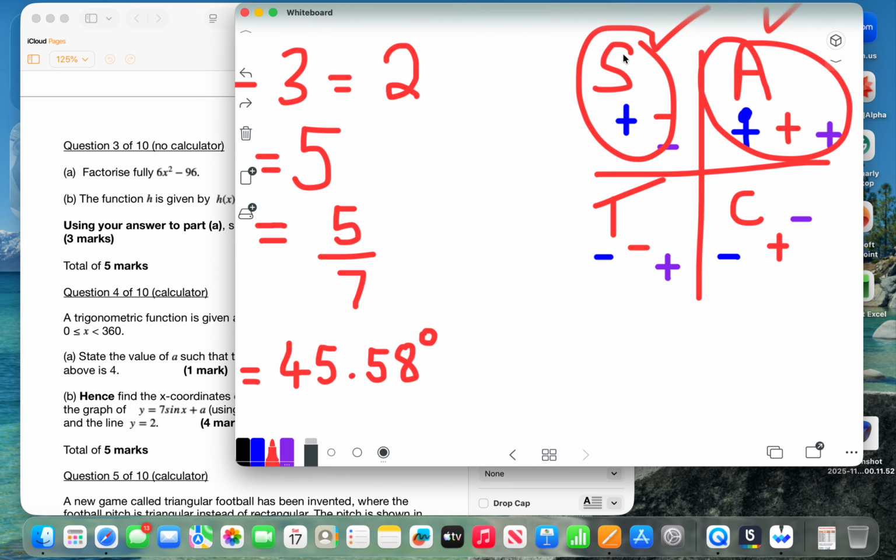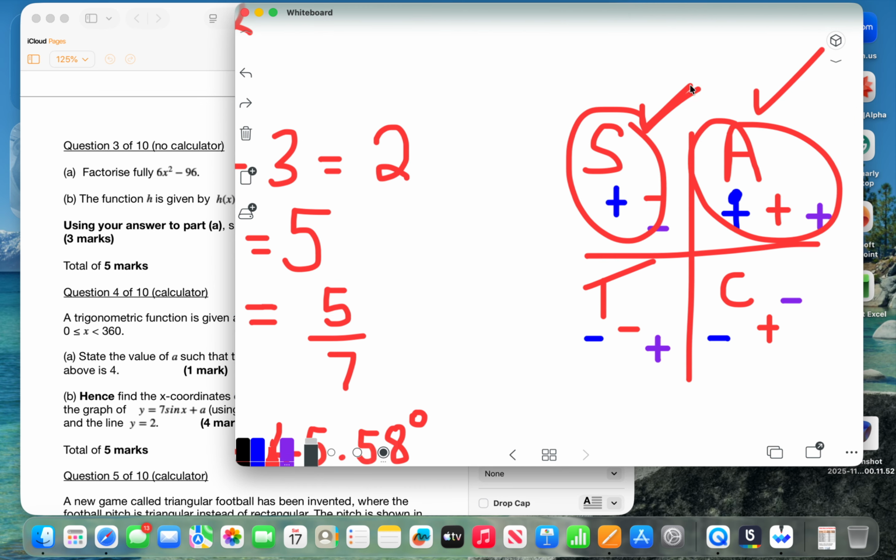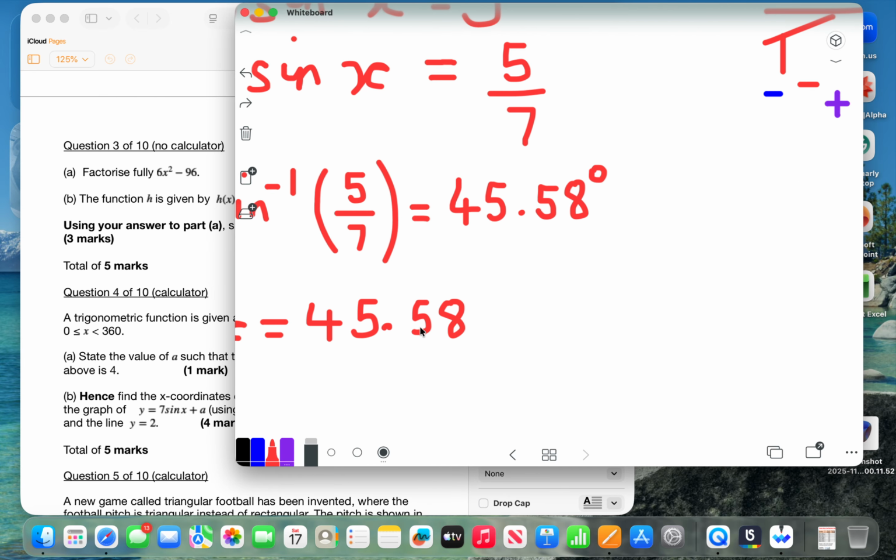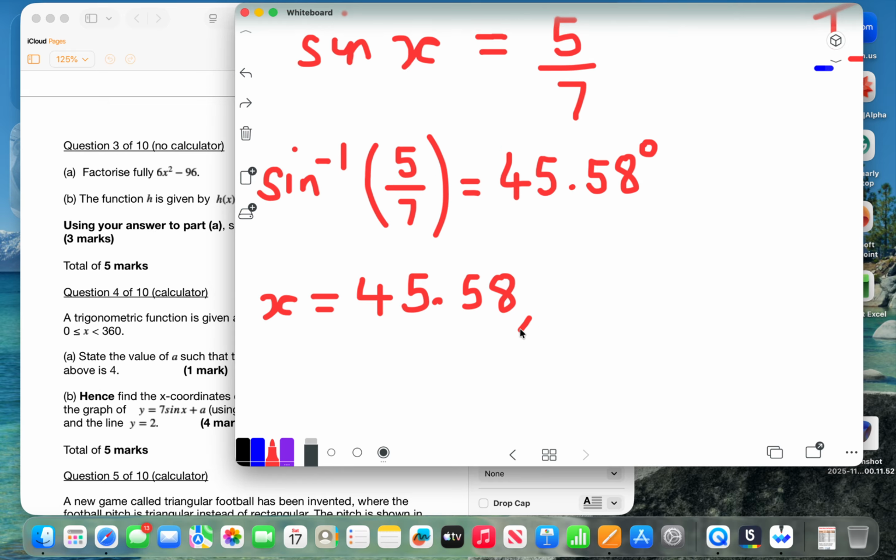And the S is 180 minus. Now, because it's positive in this quadrant, we then get 180 minus 45.58 is the second solution. We would get the fourth mark for getting 45.58.